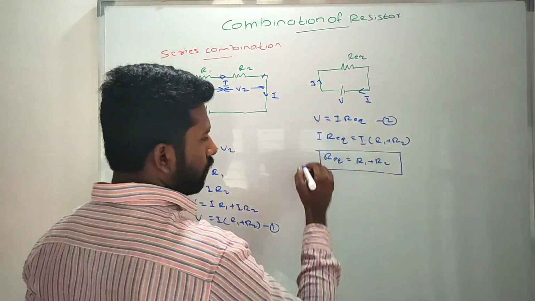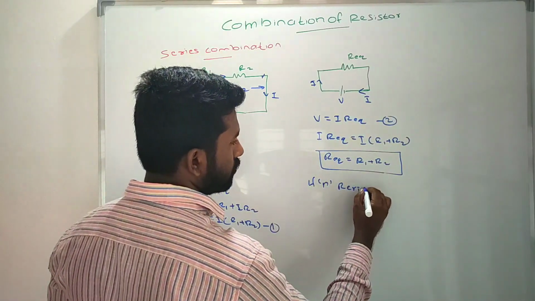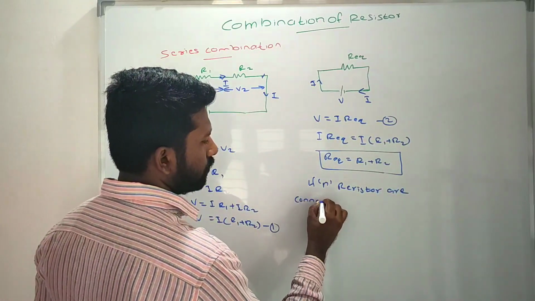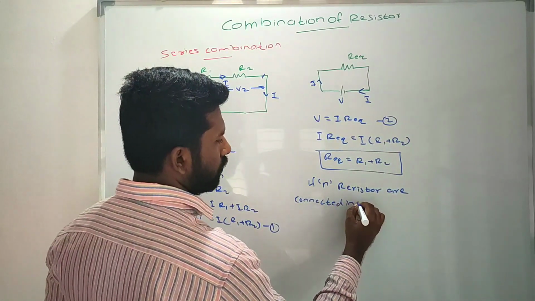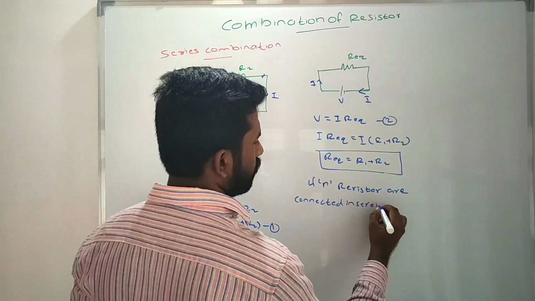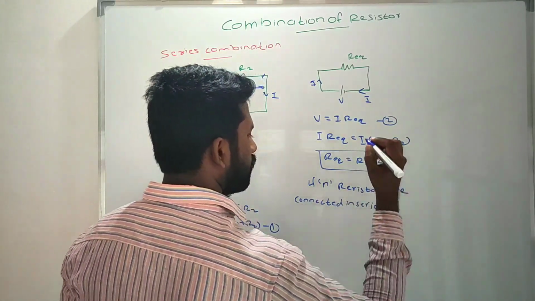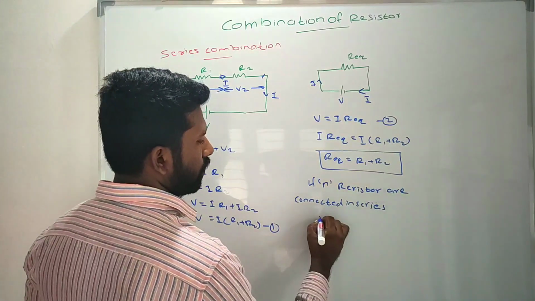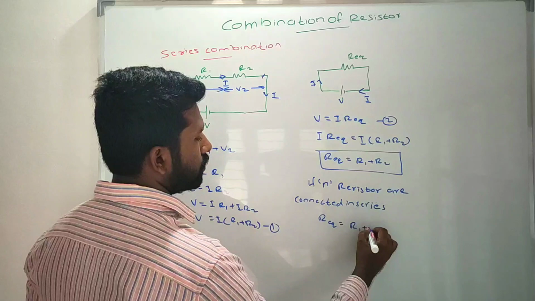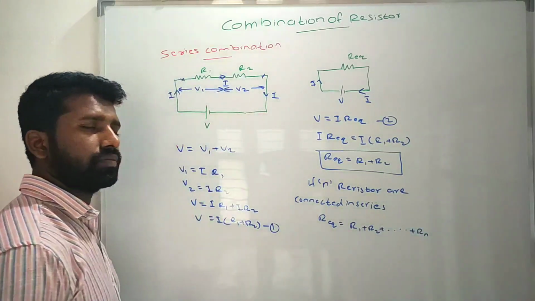If n resistors are connected in series, what will you get? R equivalent is equal to R1 plus R2 plus up to Rn.